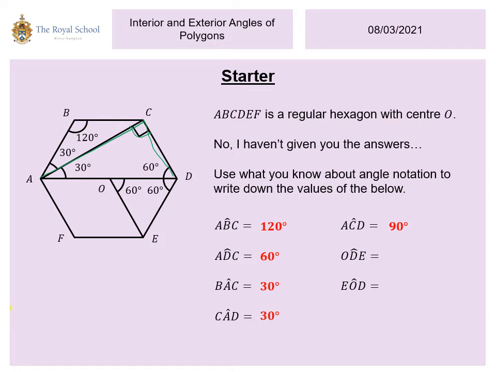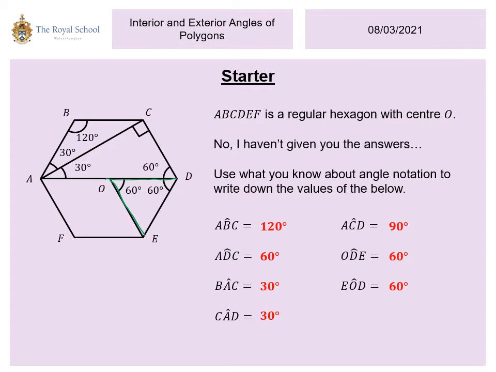We've got ODE. So O down to D, down to E, we make that angle there, which is a 60-degree angle, and then EOD. Again, if I just draw that on from E to O to D, we get another angle of 60 degrees.